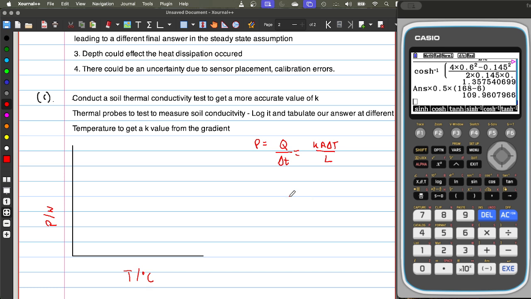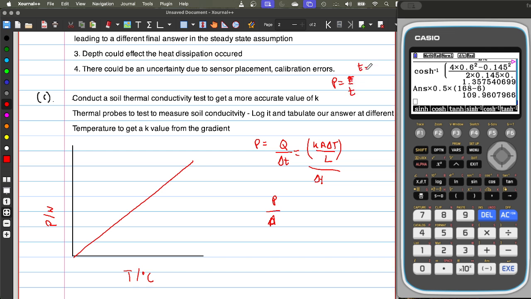So to find the gradient, what we can do is we can plot, for example, if we get a linear line here, which we should get, right? The gradient here would be over del T. Now we have to compare this to our temperature, so P over del T, because power is energy over time.